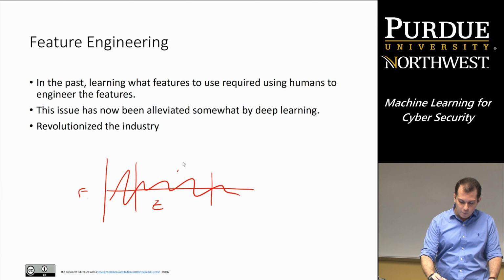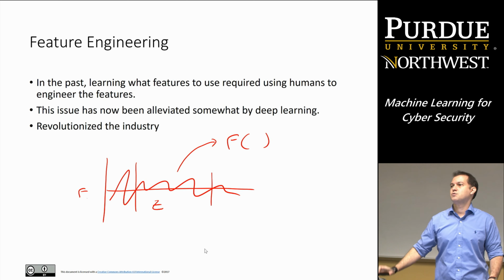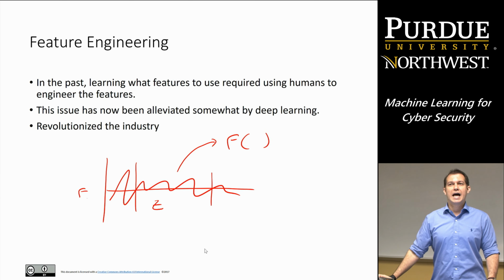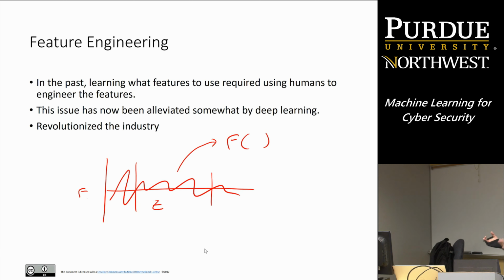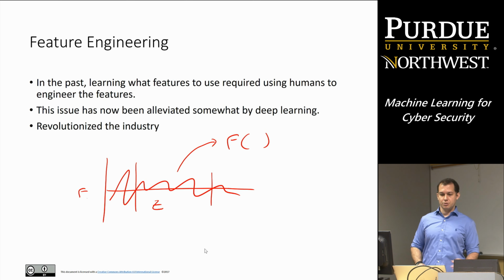That just means that we take the signal, apply some function to it, and transform it into something else. A lot of people, before deep learning, spent a lot of time just doing this, figuring out very fancy equations and things like that. And that's feature engineering, creating all of these features. Questions about that?